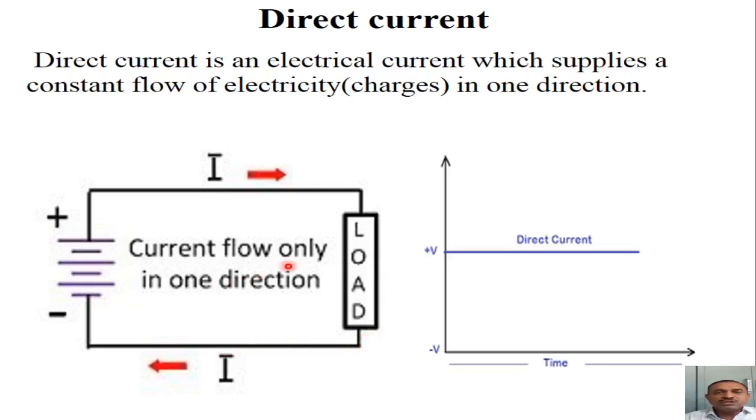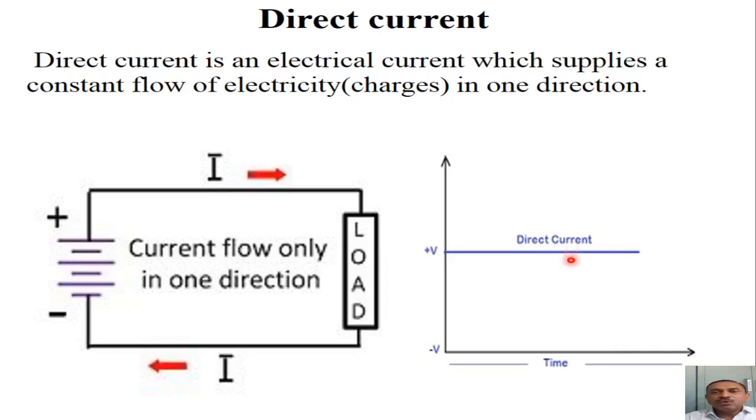We can show this by a waveform or on a graph where the x-axis will have the time scale and the y-axis will have either voltage or current. So as there is constant flow, there will be a straight line which is parallel to the x-axis, that is time.